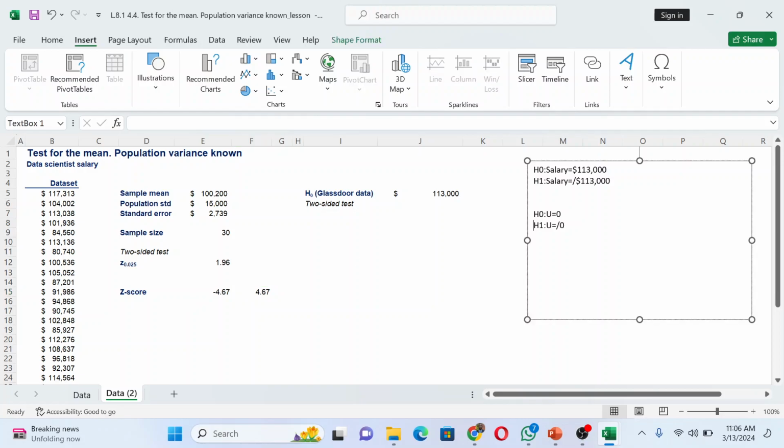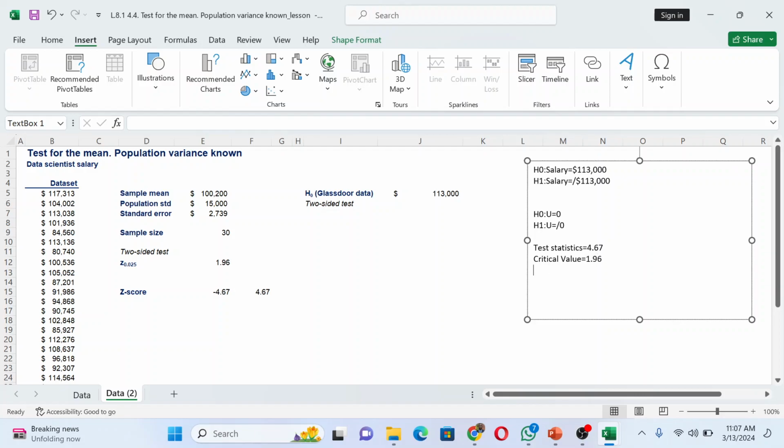So coming back here, what is our test statistic? Our test statistic value is 4.67. What is our critical value? The critical value is 1.96.